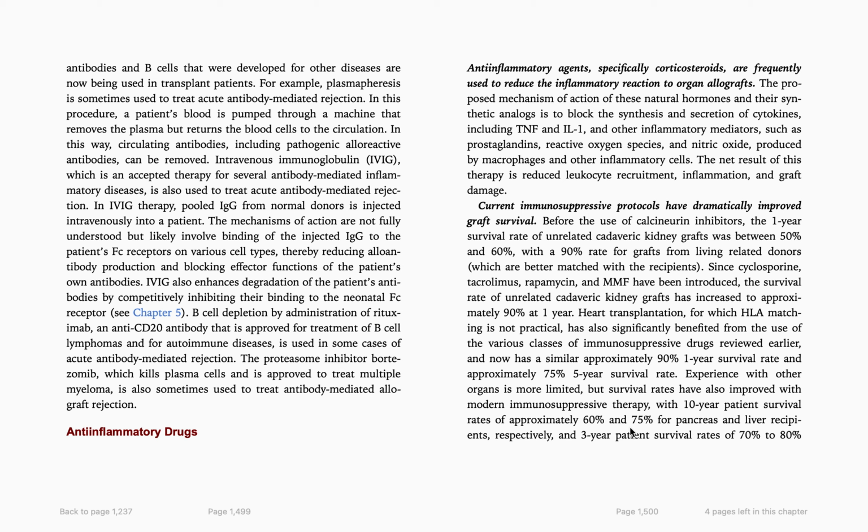The net result of this therapy is reduced leukocyte recruitment, inflammation, and graft tissue damage. Current immunosuppressive protocols have dramatically improved graft survival.